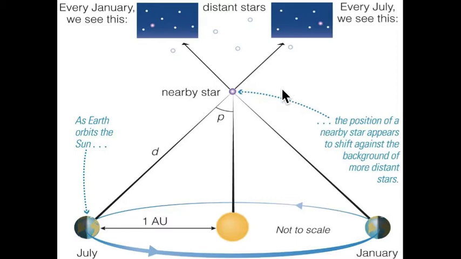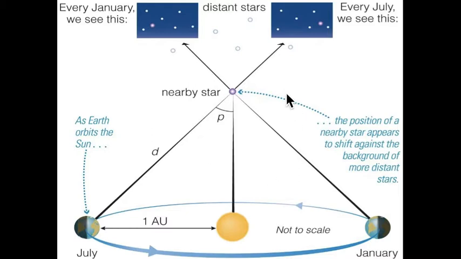The amount by which it moved, we denote by this angle P here. This angle will be very, very small. With the naked eye, we would not be able to see this. It wasn't until the proper telescopes were made that this could be seen.